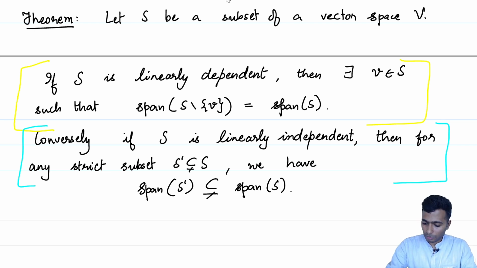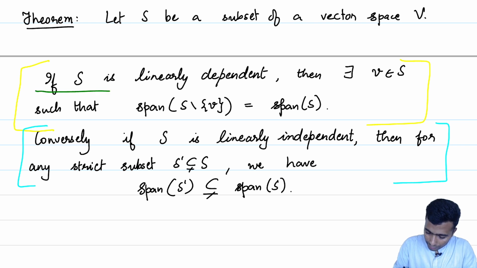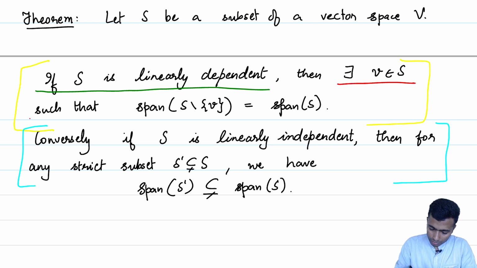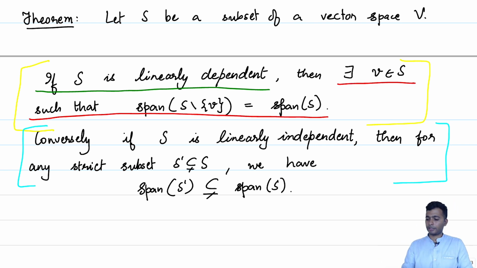To draw your attention here, let me underline with green the assumption in the first statement and with red the conclusion in the first statement. The converse to this ideally should have been that the thing underlined in red implies the thing underlined in green, or in other words, if there exists some vector v in S such that span of S minus v is equal to span of S, then S is linearly dependent. That should have been the converse.